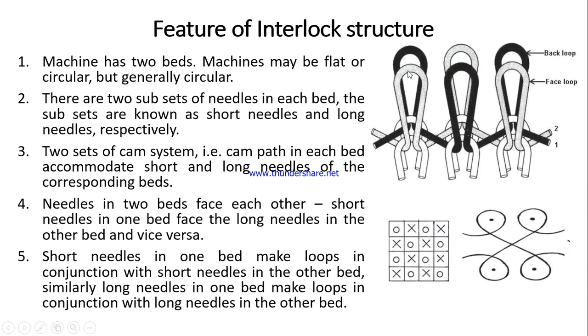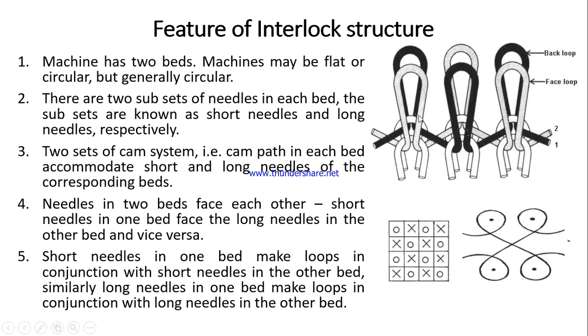So here you can see the schematic notation of the interlock structure, where you can see one loop is facing the other loop. There is no clearance between the loops. This white color thread and the black color thread face each other because of the typical needle gating. The needles are facing each other.